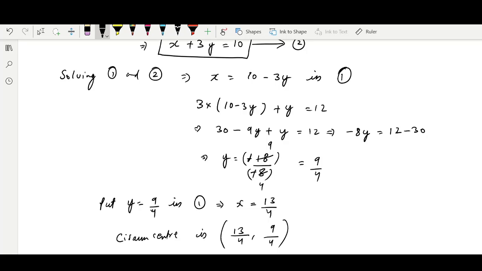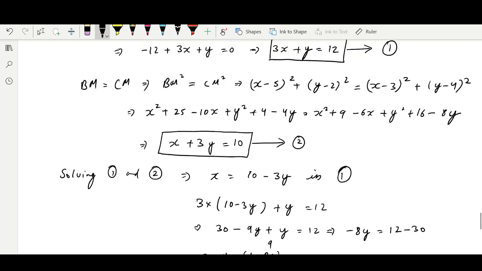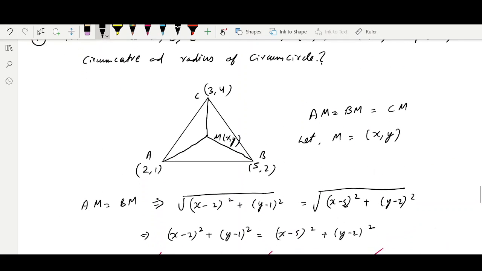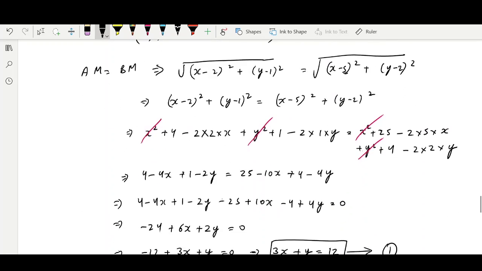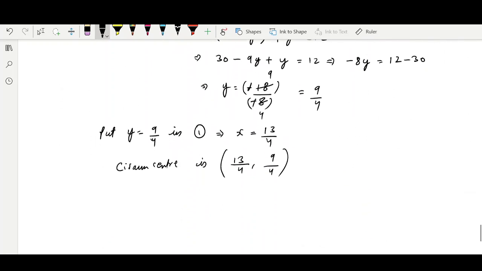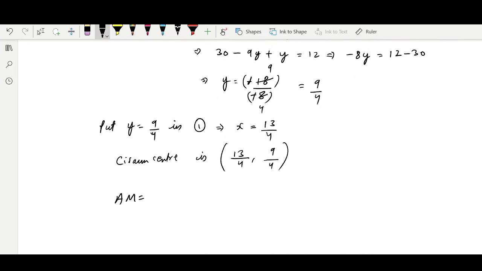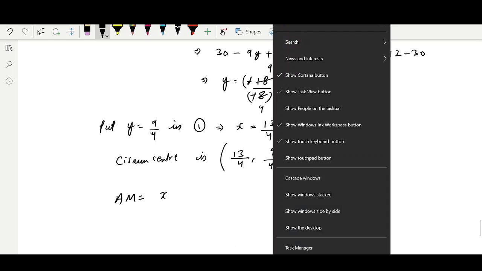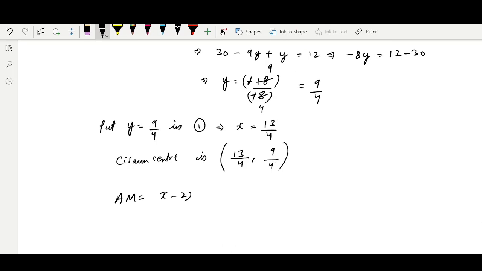Now we know that the radius is equal to any one of these, AM, BM or CM. Okay, so let's find AM. AM is under root (x minus 2) the whole squared plus (y minus 1) the whole square.